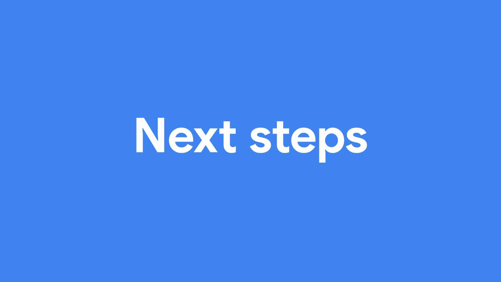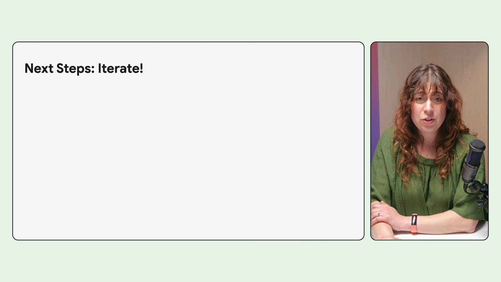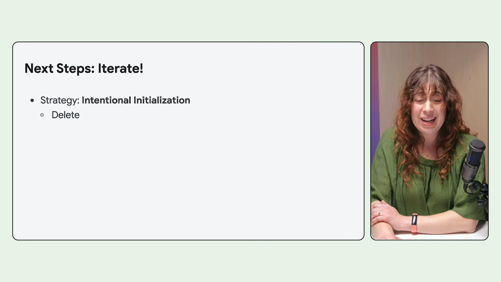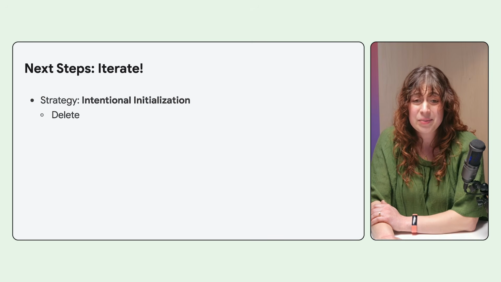As for next steps, we have plenty more ideas, as this approach of rearranging pieces of our initialization into their correct order has shown quite a bit of headroom. In short, our strategy of intentional initialization is: delete things we don't actually need. You might be shocked at how much unused code dependency injection we've been initializing.